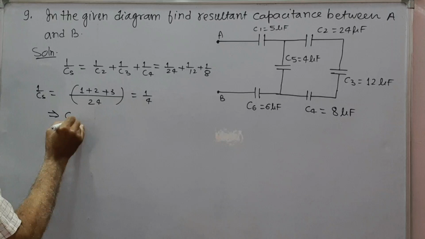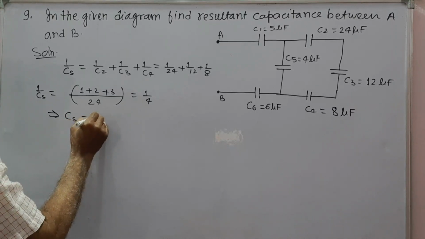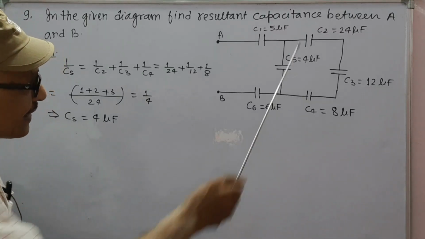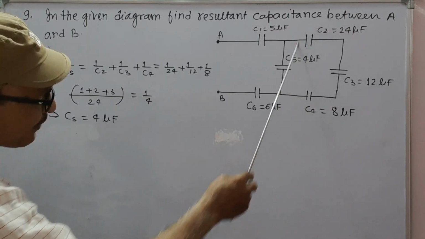Therefore, Cs will be equal to 4 microfarad, means the resultant of these three capacitors is 4 microfarad.